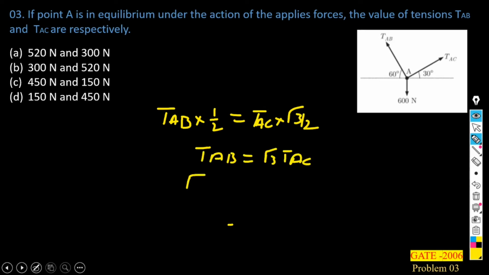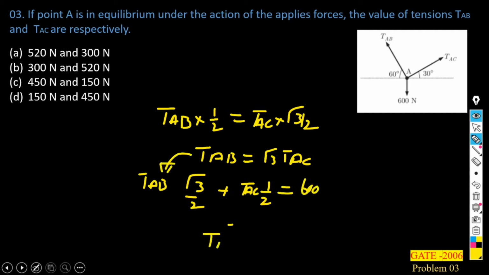Then TAB into sin 60, which is equal to root 3 by 2, plus TAC sin 30, which is equal to 1 by 2, is equal to 600. Then from here TAC is equal to 300 as my answer. Then option A is my correct answer.